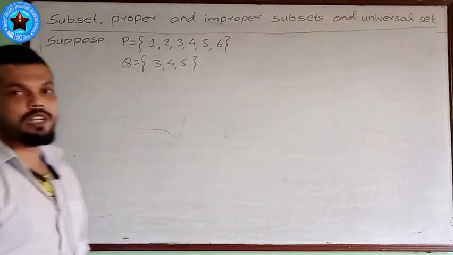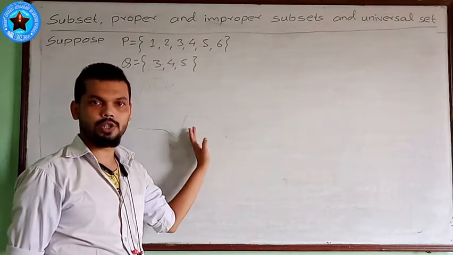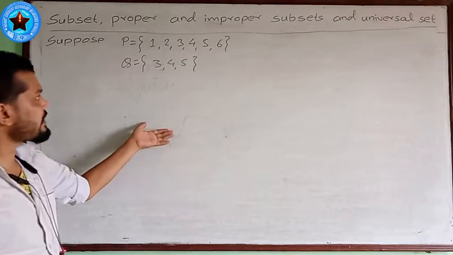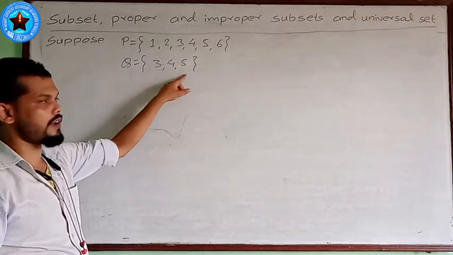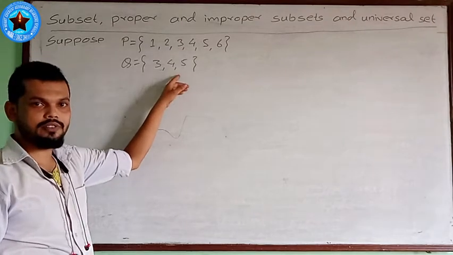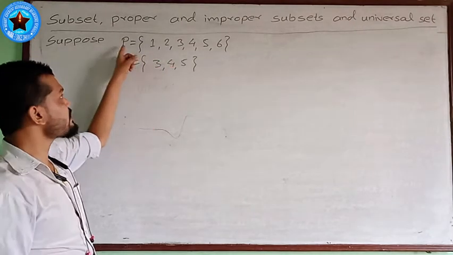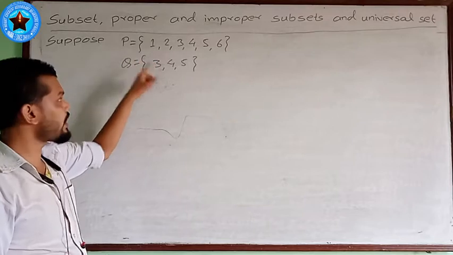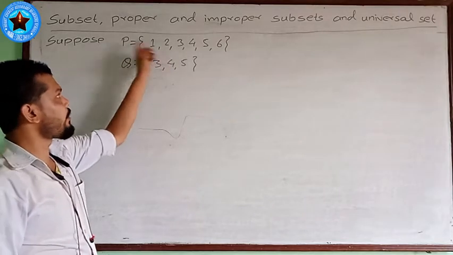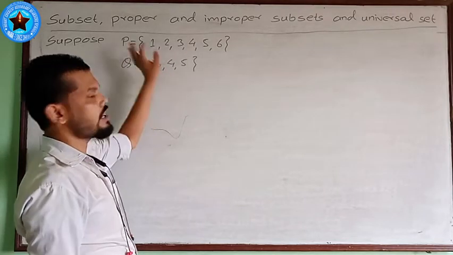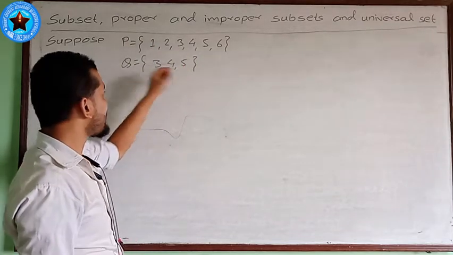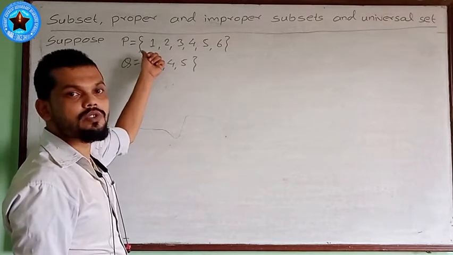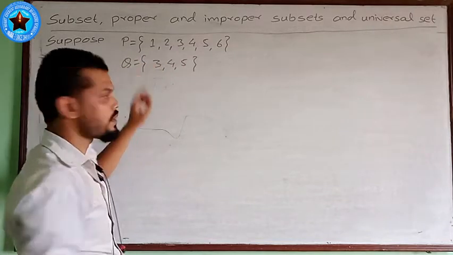Here we are given two sets, P and Q, and we find that the set Q has the elements 3, 4, 5, and all these elements are also contained by the set P. So we can say that Q is a subset of P.